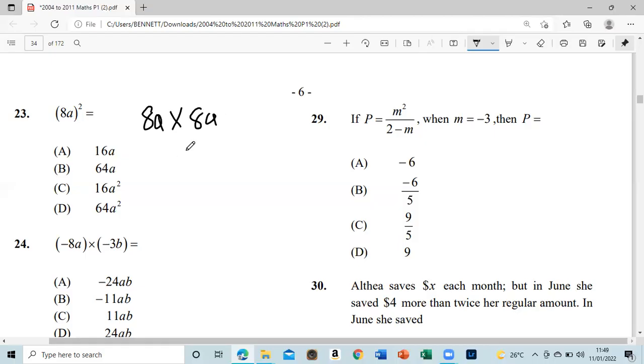So that is 64. 8 times 8 is 64. a times a is a squared. Remember, add the index. All right, this is how you go. Negative times a negative is going to give a positive. 8 times 8, that's 24. And the a times b is ab. So our answer would be D, 24ab.